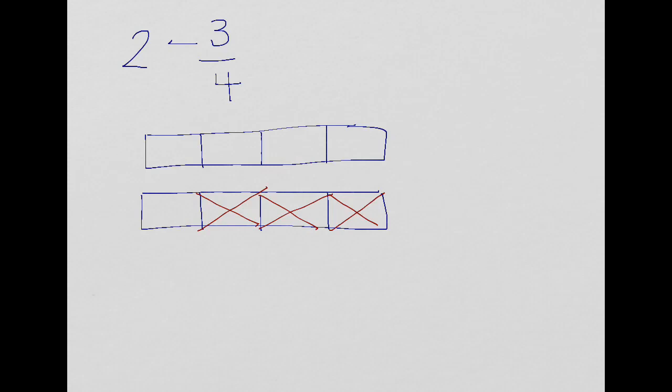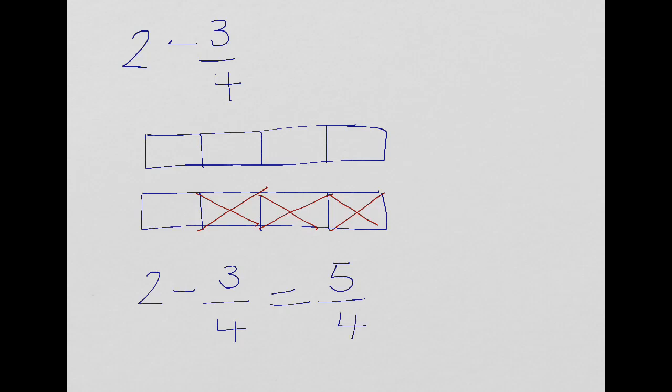Well, my answer for this is 2 subtract 3/4 is equal to all of that bar and this. So how many quarters are remaining? Can you work that out before I write the answer down? You should have got the answer 5/4.